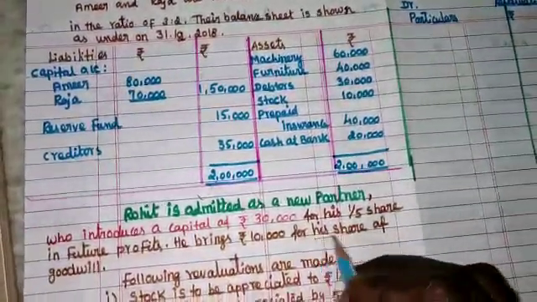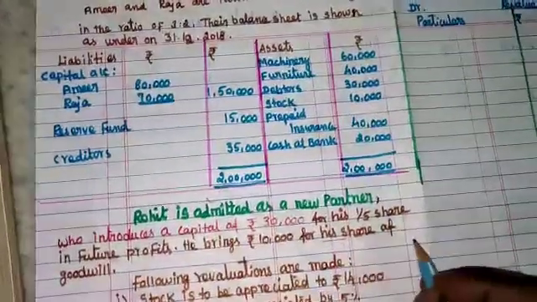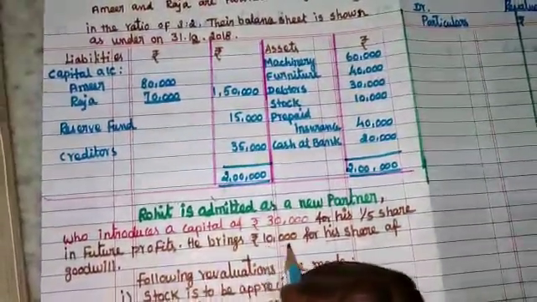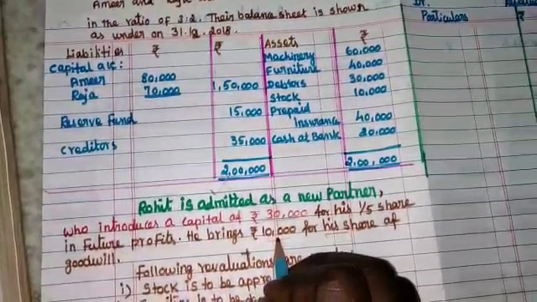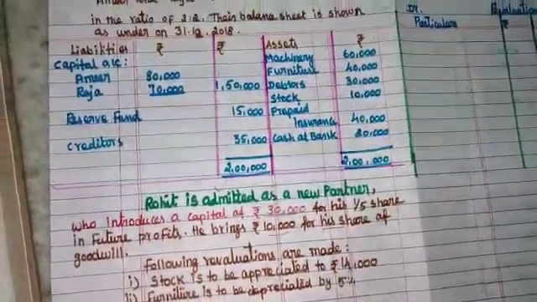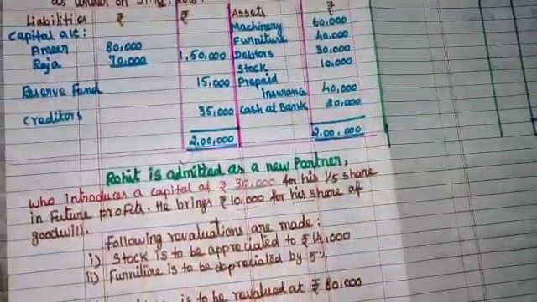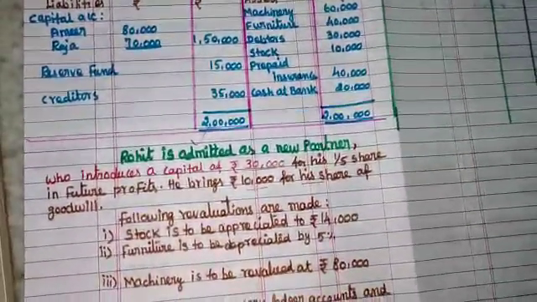So he brought rupees 10,000 and 30,000, totally 40,000, into the partnership firm: rupees 30,000 for capital and 10,000 for goodwill.